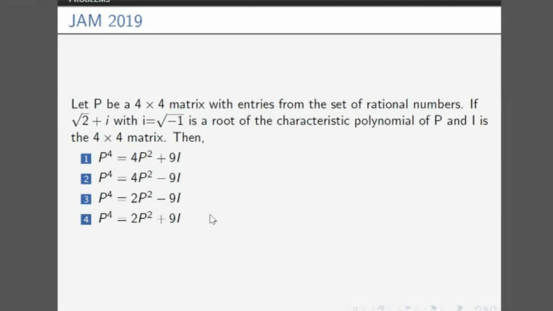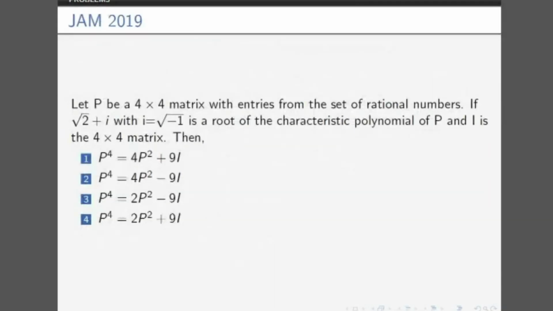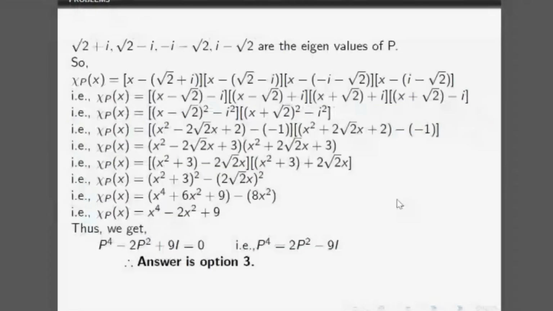Ma'am, how can you conclude that negative i, negative root 2 and i minus root 2 are also eigenvalues of P? Yeah, that's what I said just now. Are you talking about these two eigenvalues? Yes. Yeah, that's what I told just now.